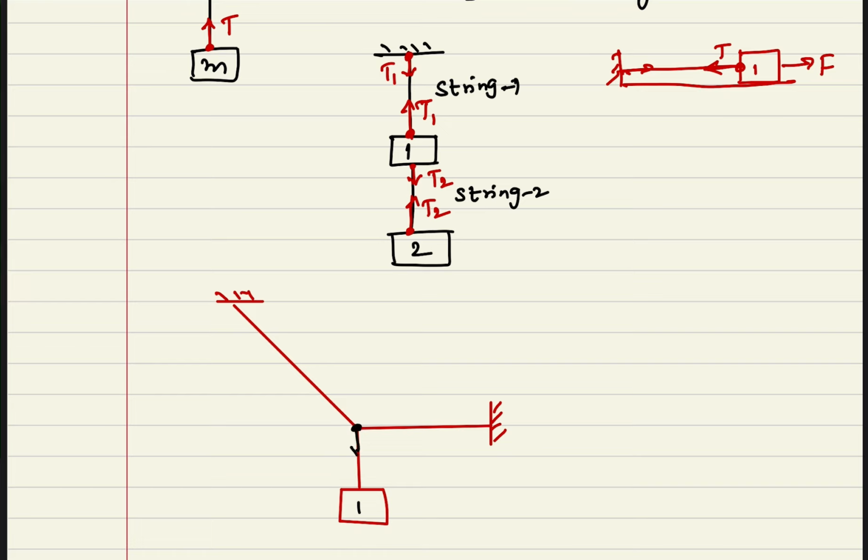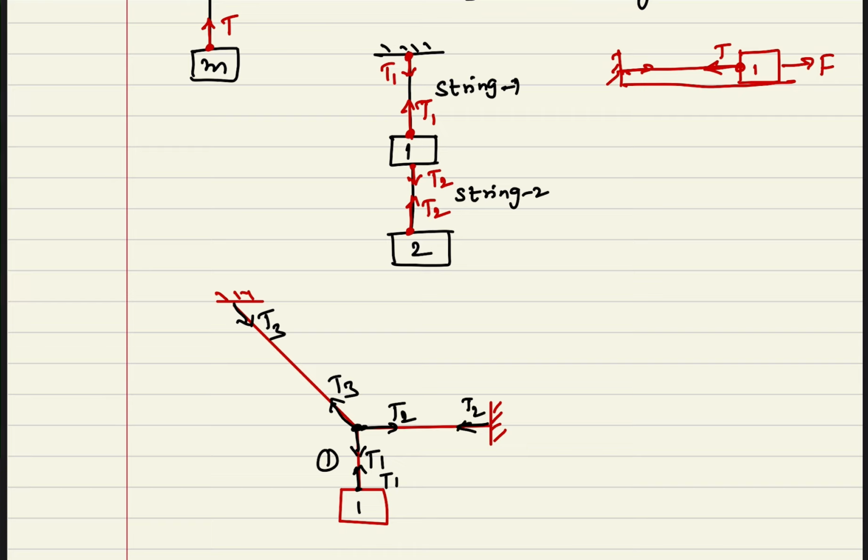So I can see how many tensions are there. This is string 1, so tension T1 on the body. Now here string 2 has tension T2. Here string 3 has tension T3. Like this tension force will act on any string.